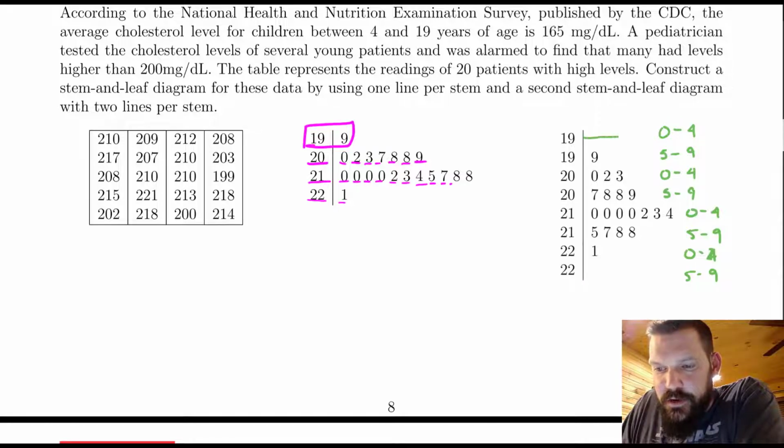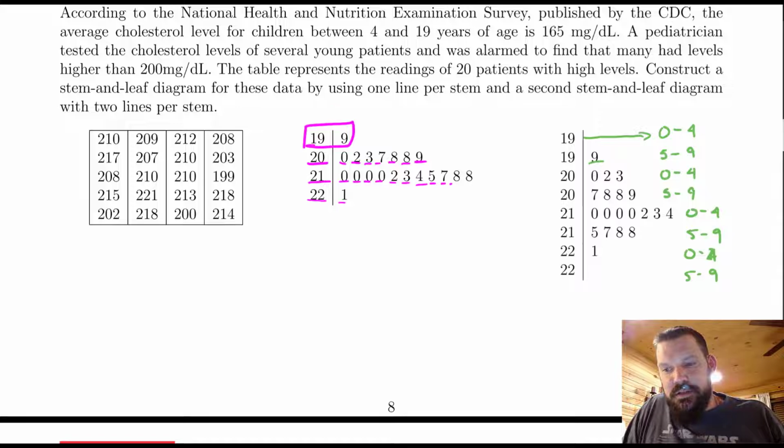So we didn't have any between 190 and 194. We had 1 at 199. Then we jumped to 200 to 204. We had 200, 202, 203. Then we jump again to the next subgroup, which would be 205 to 209.